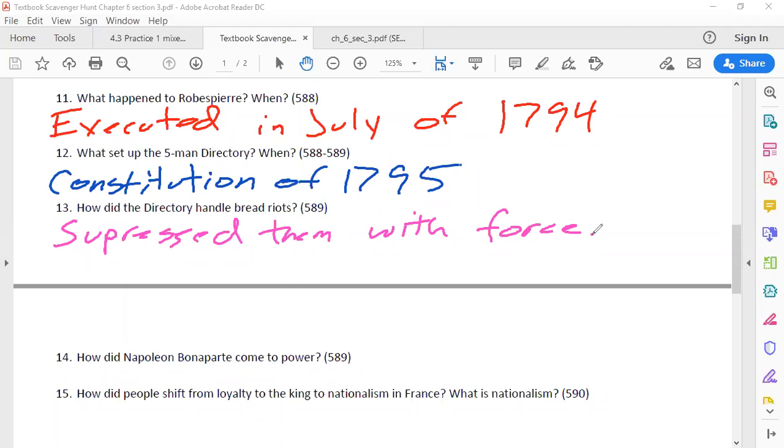So how did he come to power? Politicians were going to use him for their own goals.